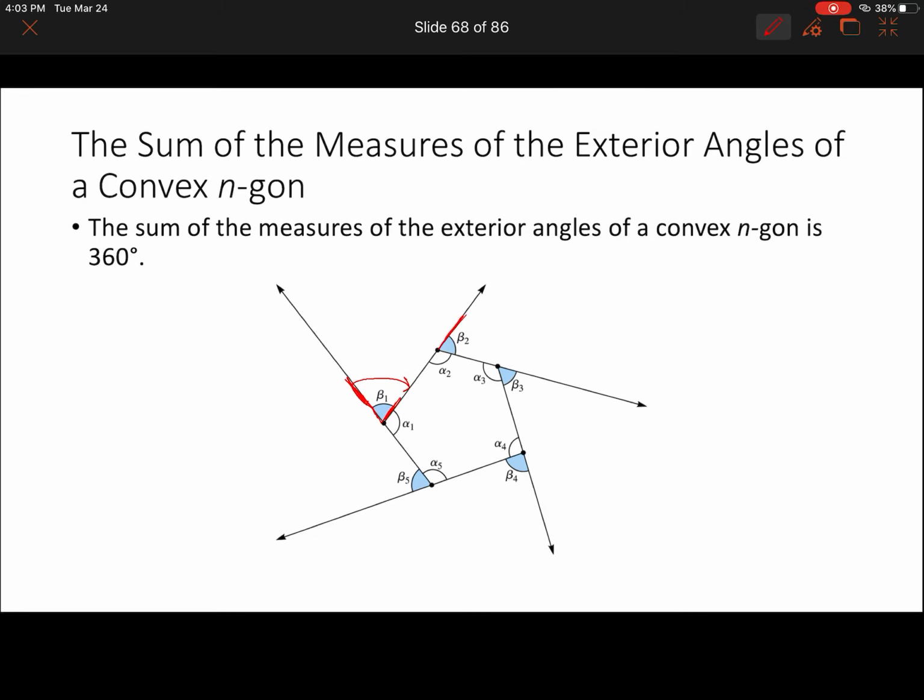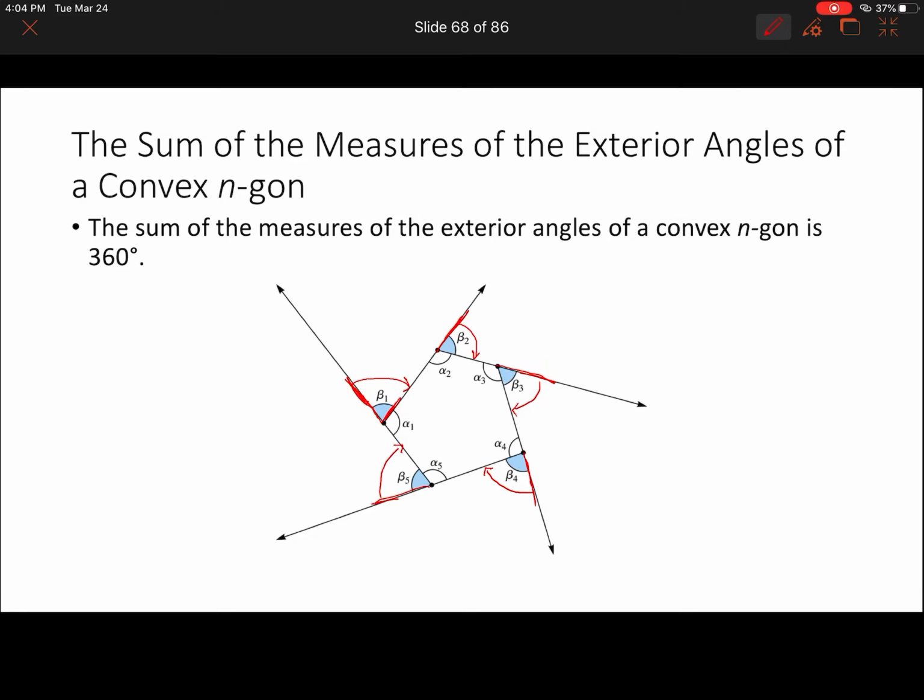If we started along this line and rotated to there, then extended that side out to here and rotated to this side, and extended that one out and rotated, and so on, you end up rotating all the way around a total of 360 degrees.